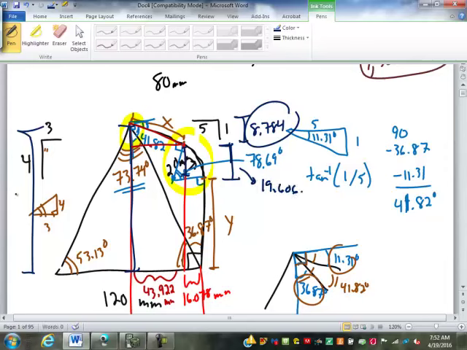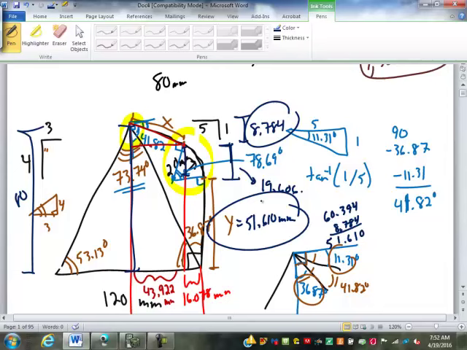So I'm going to subtract that from 80. So 80 minus 19.606 is 60.394, minus the 8.784 makes 51.610 millimeters for y. What do you think?